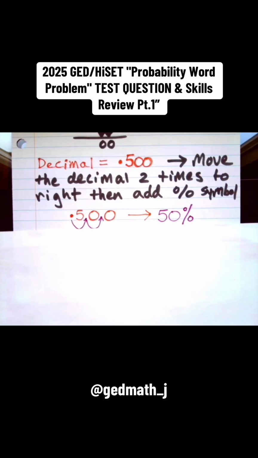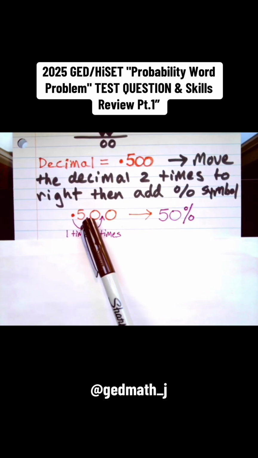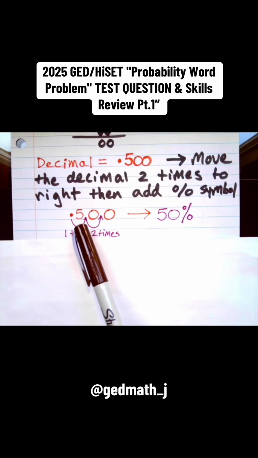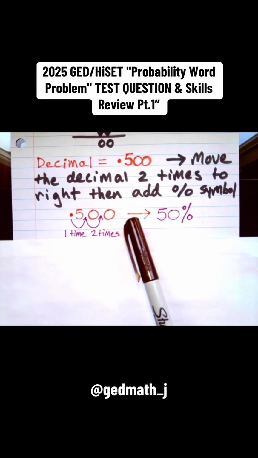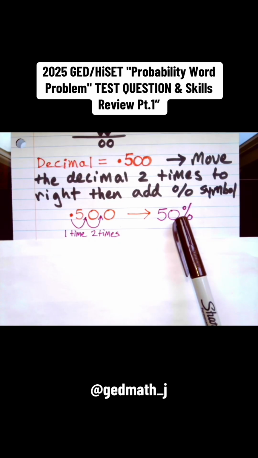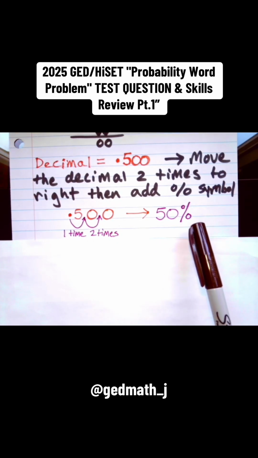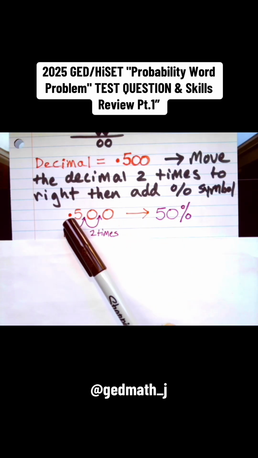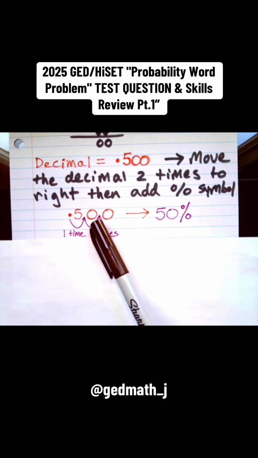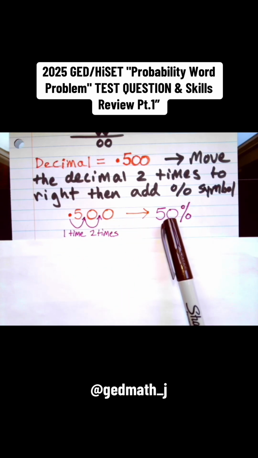Again, we're moving that decimal 1 time to the right. One more time is 2 times to the right. There is an invisible decimal to the right of that 0. Just add that percent symbol and you've converted a decimal to a percent. That decimal is now a percent.